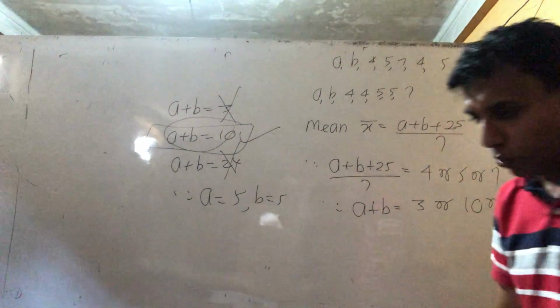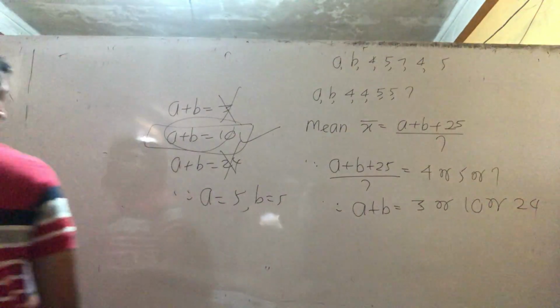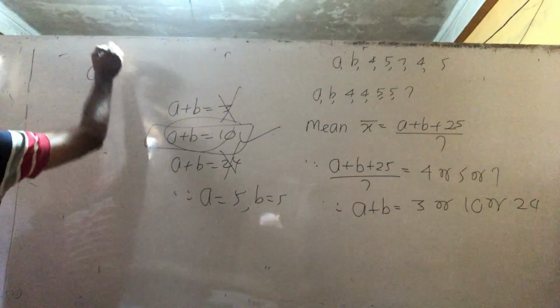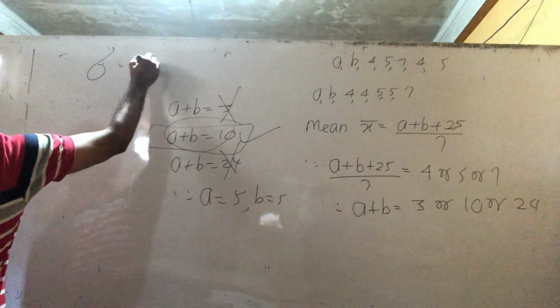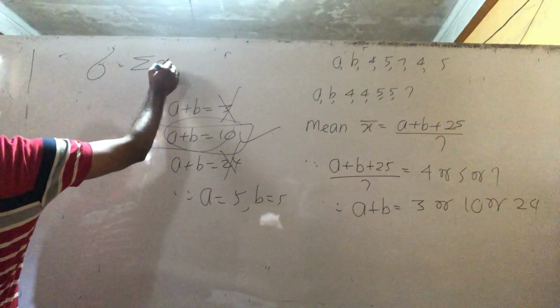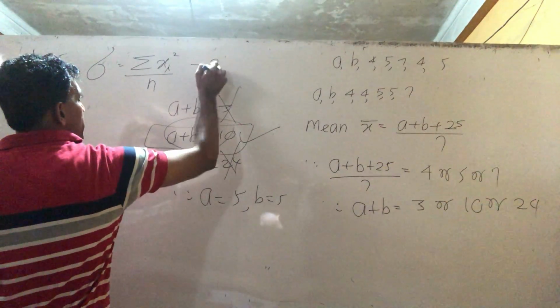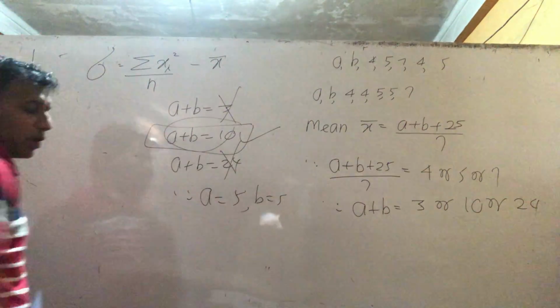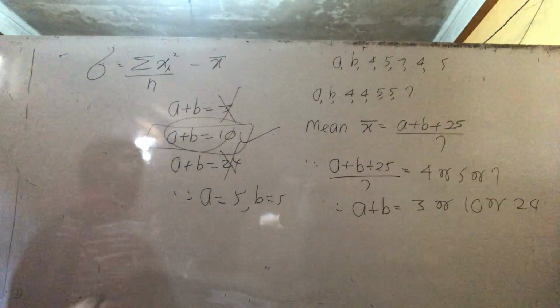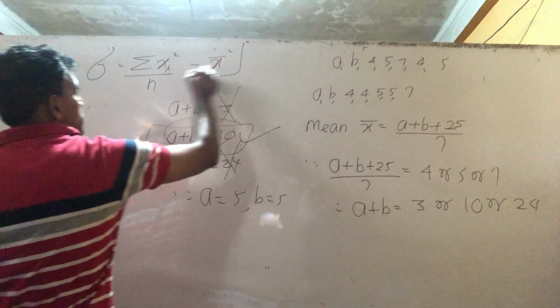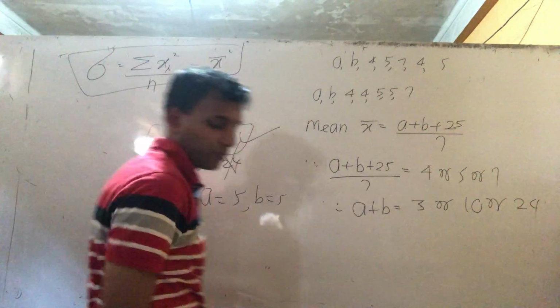What is the variance formula? As I mentioned last time, the variance sigma squared equals sigma xi squared over n, minus x bar squared. Study this variance formula.